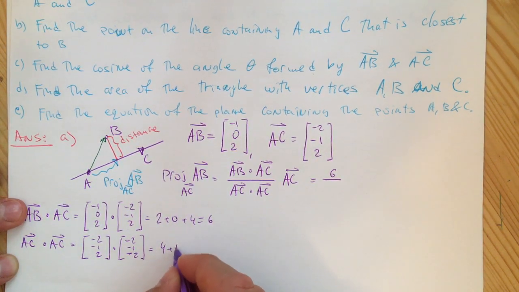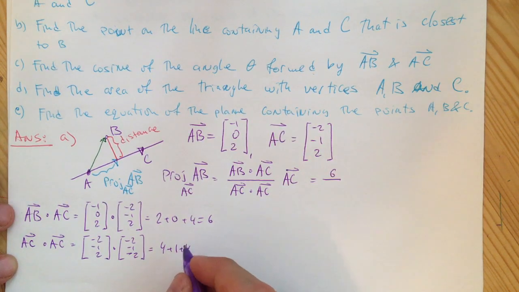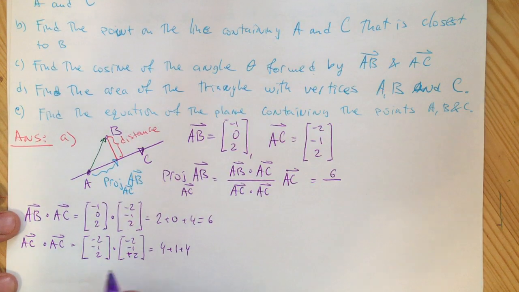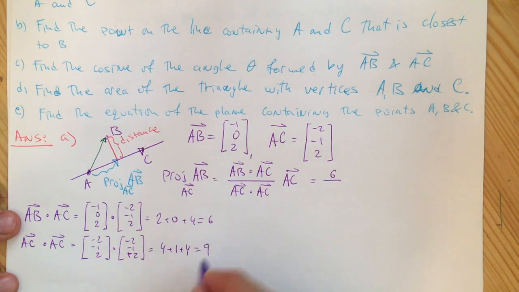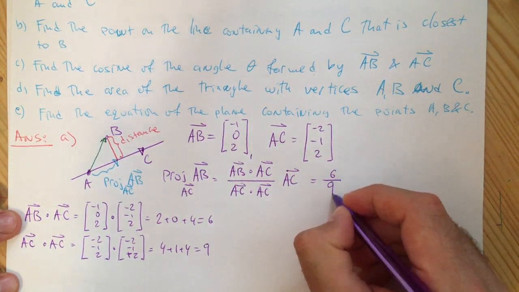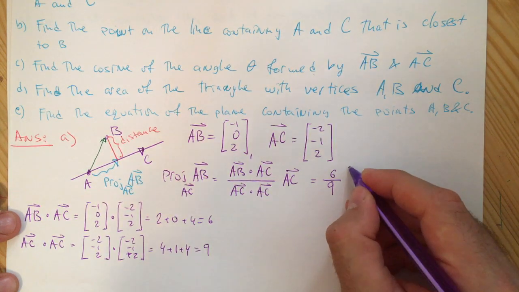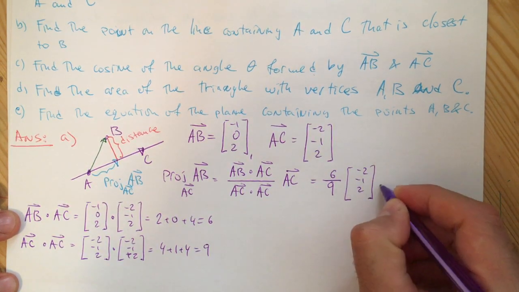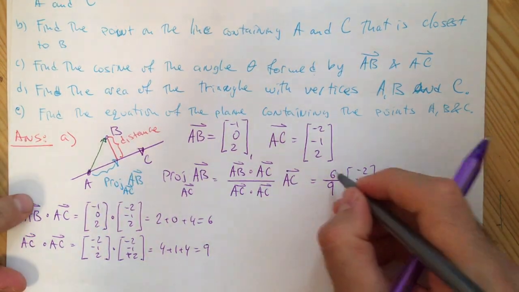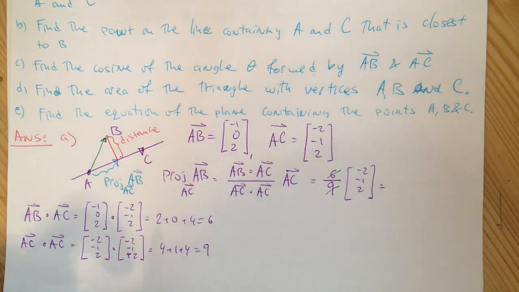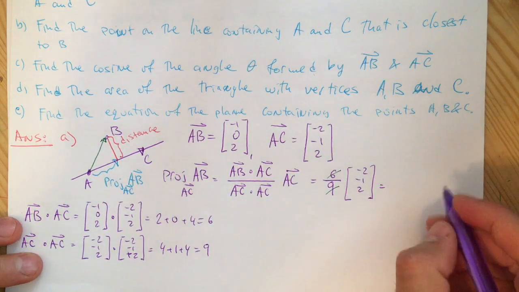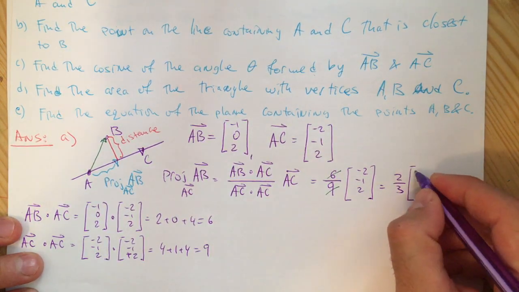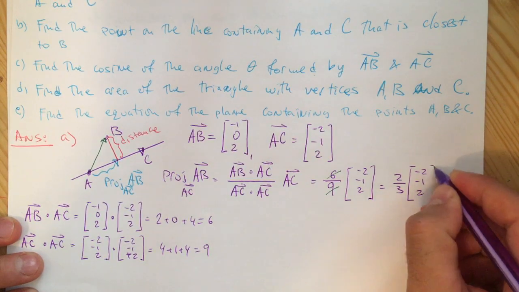We get 4 plus 1, and this is positive 2, my bad, so plus 4, and that's equal to 9. So 6 over 9 times the vector AC, negative 2, negative 1, 2. We can simplify this, divided by 3, I get 2 over 3 times the vector negative 2, negative 1, 2.